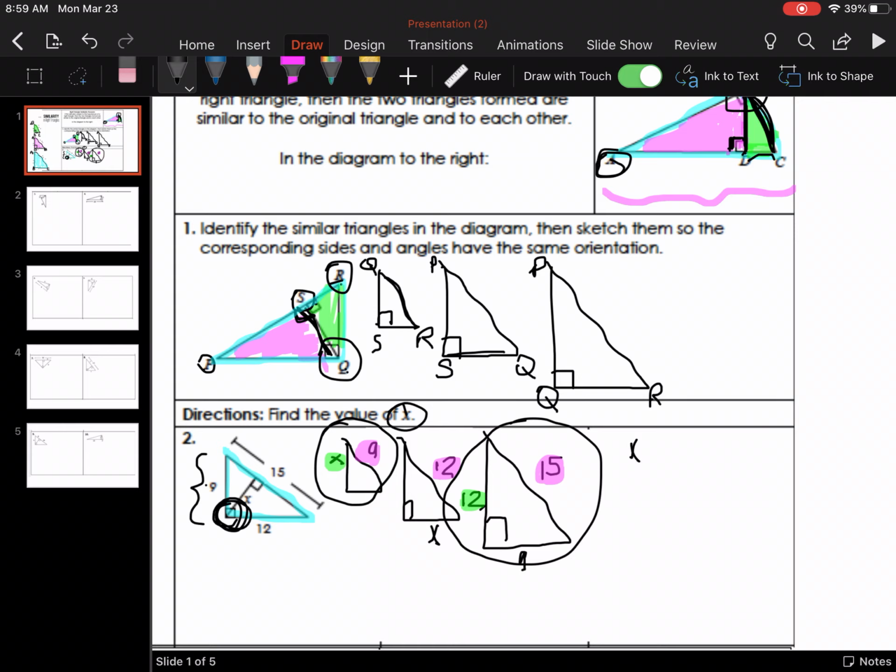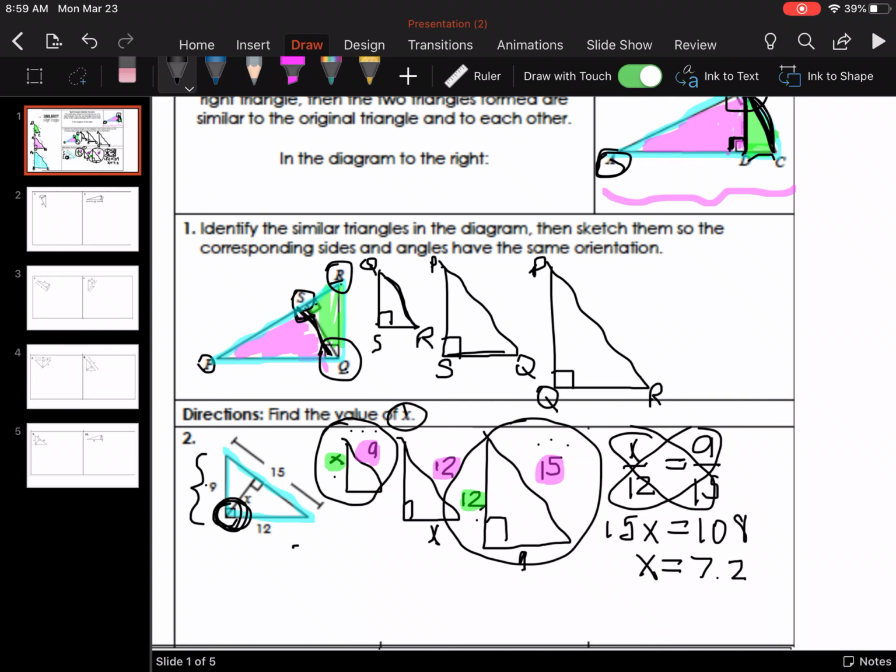So x over 12 equals 9 over 15. Okay, so left side over left side, hypotenuse over hypotenuse. And then you're going to cross multiply and solve. So you're going to get 15x equals 12 times 9, and 12 times 9 is 108. Divide both sides by 15, and you get 7.2.